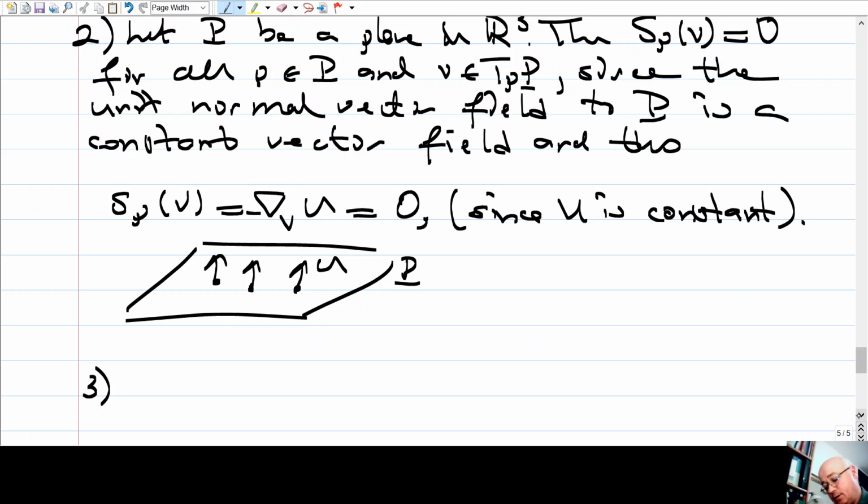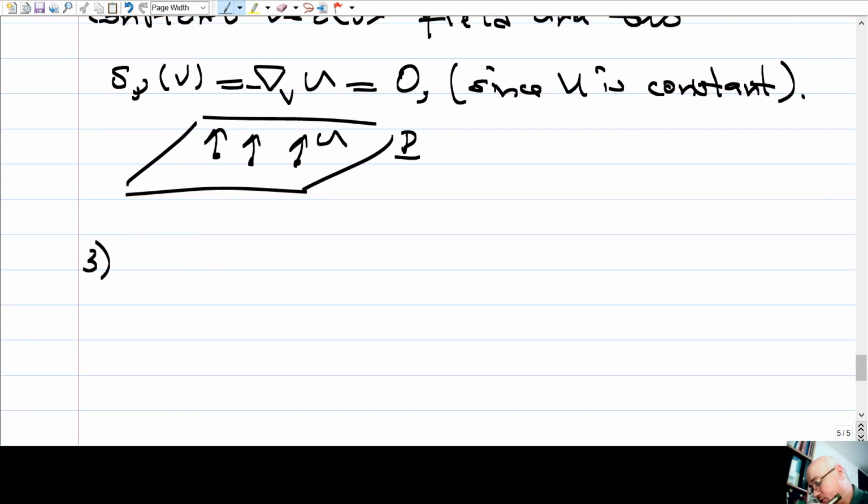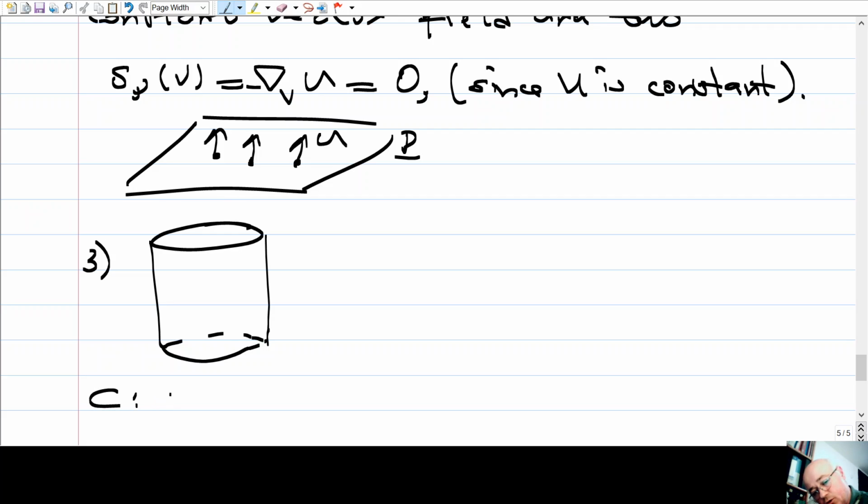All right. Here is an interesting example. Let C be the circular cylinder of radius 1.